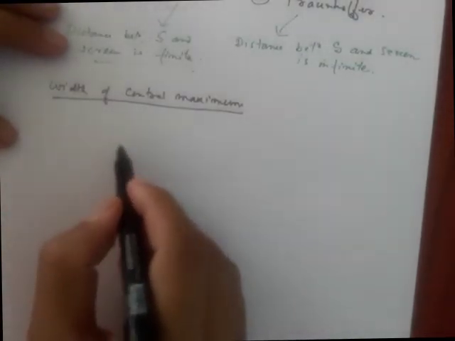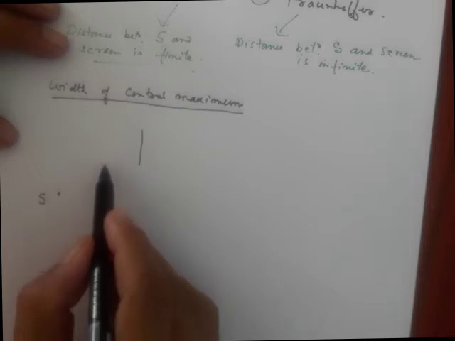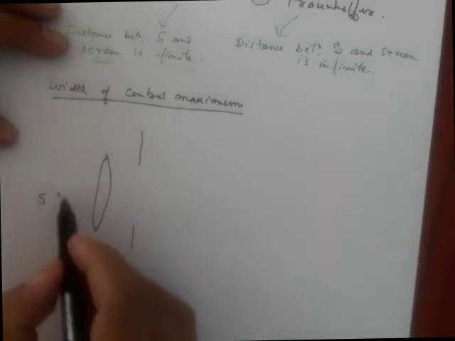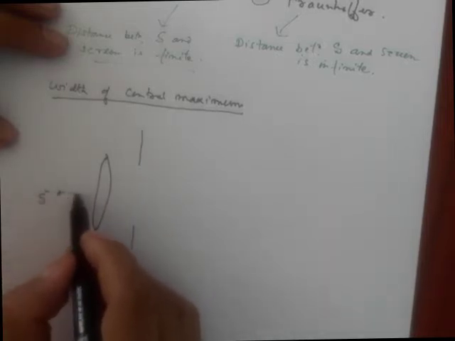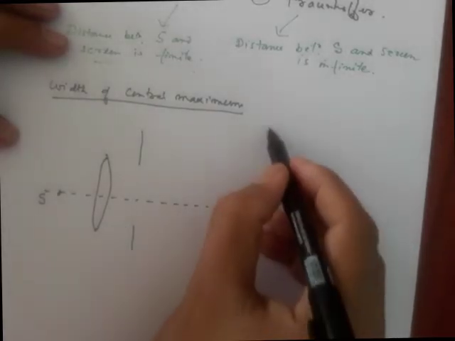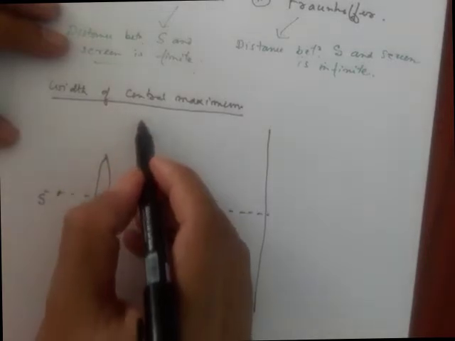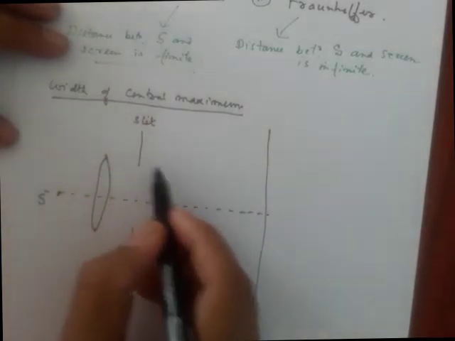So suppose here is the slit, and you have the source of light. Then you take a lens, a convex lens, source, and this is the midline, and let this be the screen here. This is the slit, the opening is there.